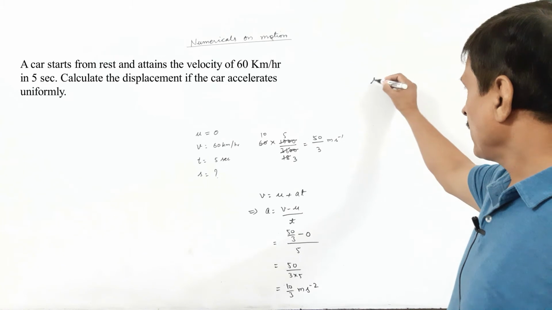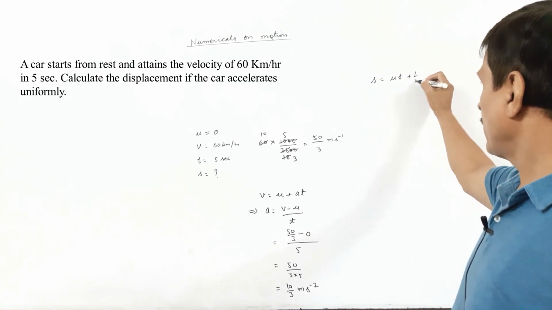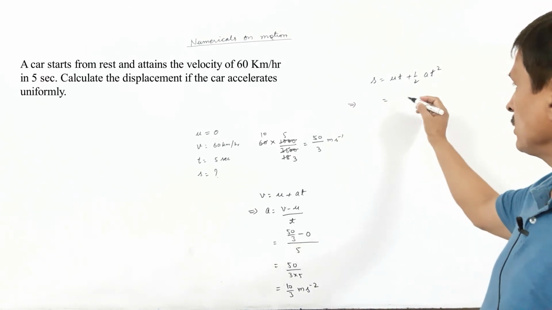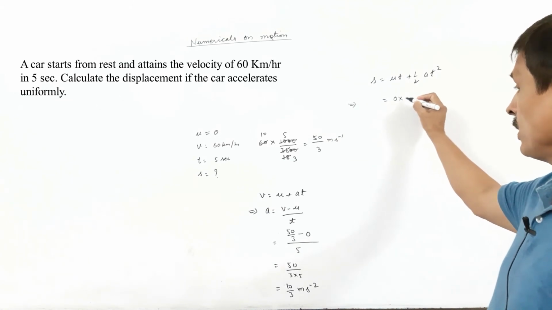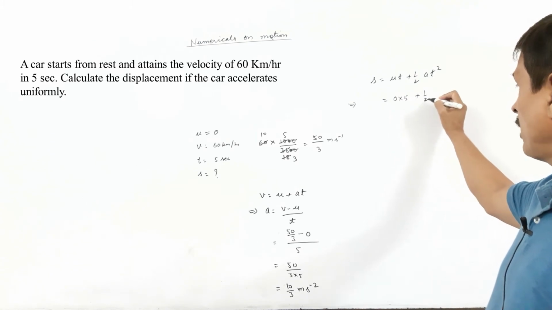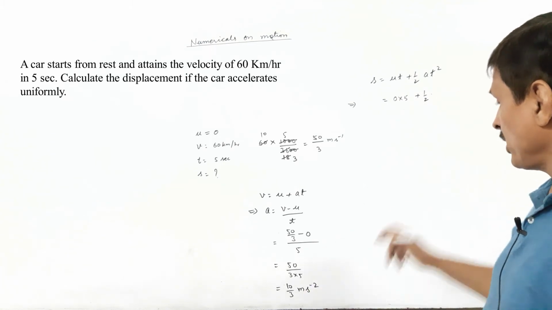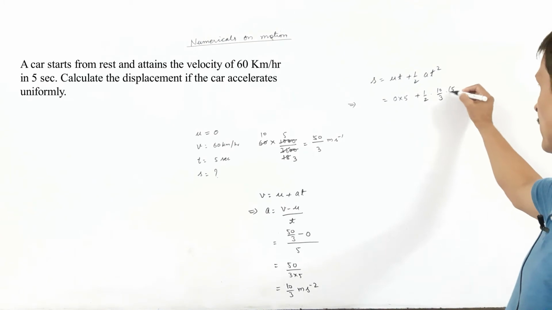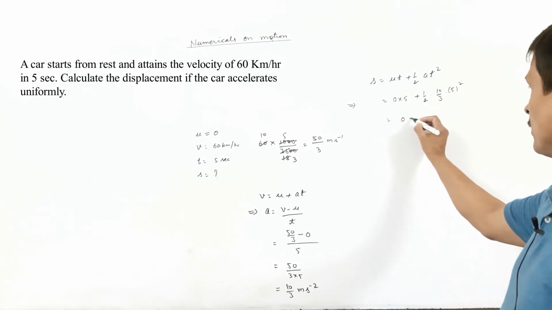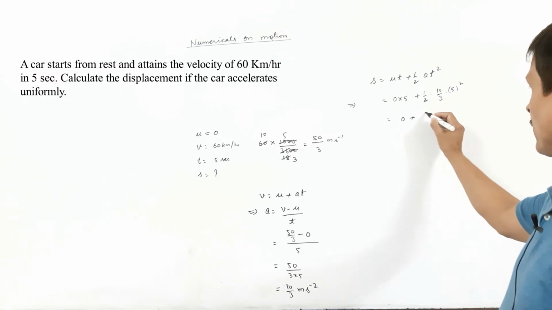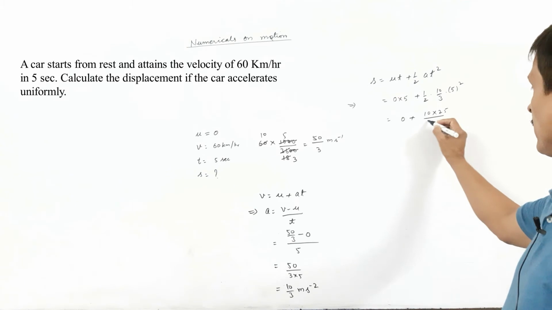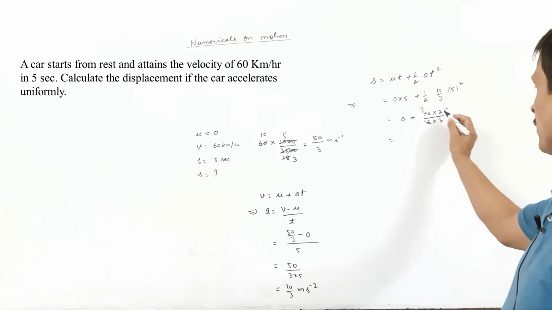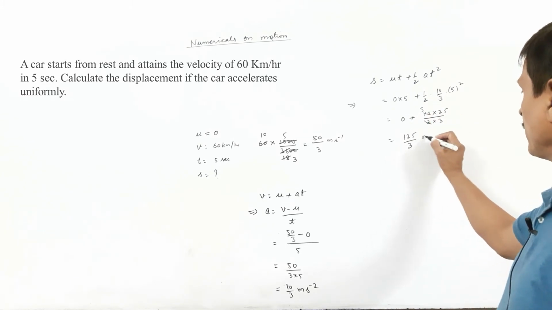Using the second equation of motion, s = ut + (1/2)at², which implies s = 0 into 5 plus half into 10/3 into time, which is 5 seconds, so 5 squared, that is 0 plus 10 into 25 by 2 into 3, and that is, cancel 5 times, so it is 125/3 meters.